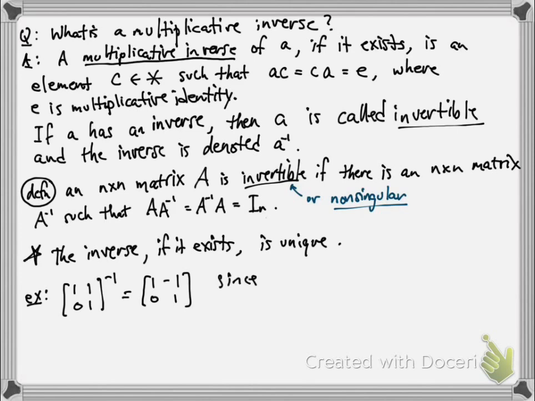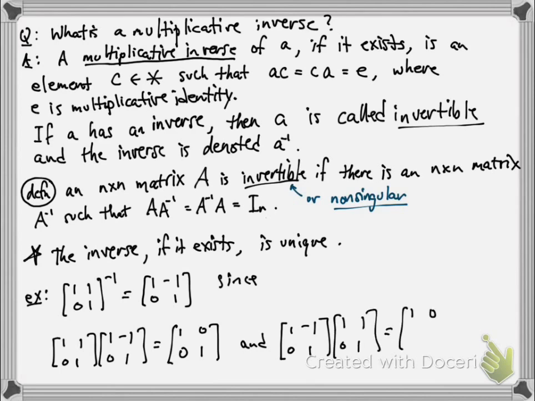We just compute the product 1, 1, 0, 1 times 1, -1, 0, 1, and I get the 2 by 2 identity matrix. Then I compute the product in the other order, and again I get the 2 by 2 identity matrix, which means the inverse is as stated here. In the next video, we're going to look at how we can compute inverses when they exist.